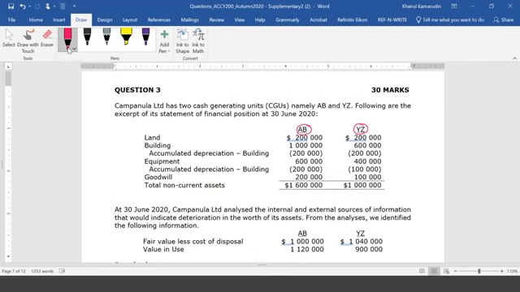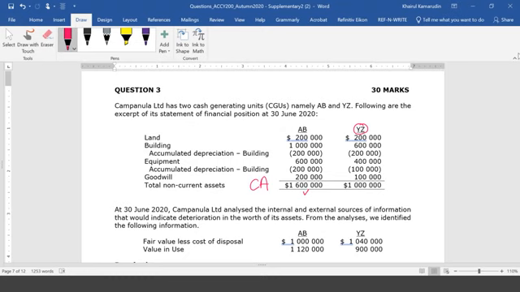These are the assets, the list of assets. AB has land, building, accumulated depreciation for building, equipment, the depreciation, and goodwill of 200,000. So for AB, the total asset value, their carrying amount, the CA, is 1.6 million.